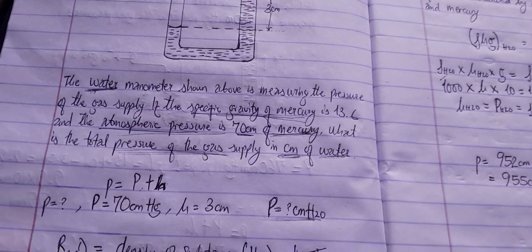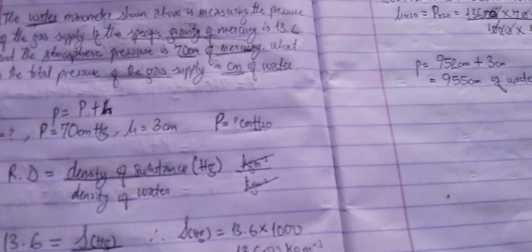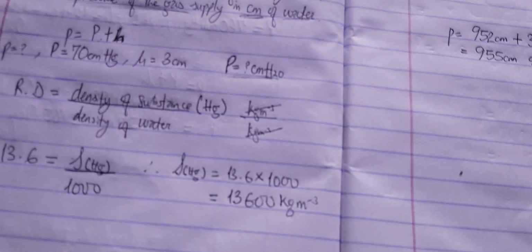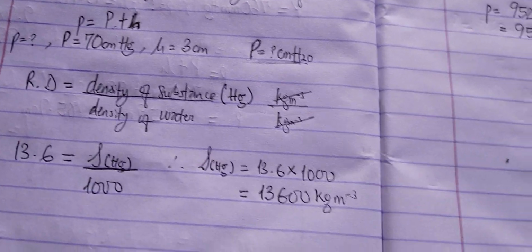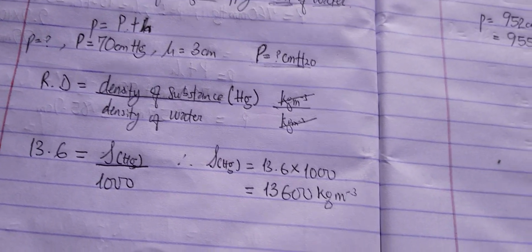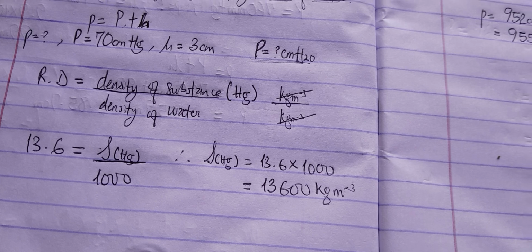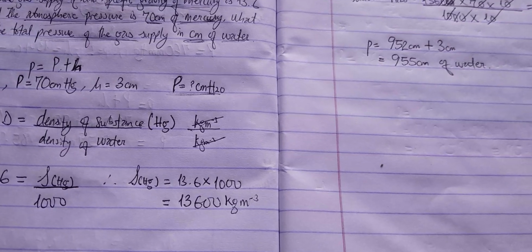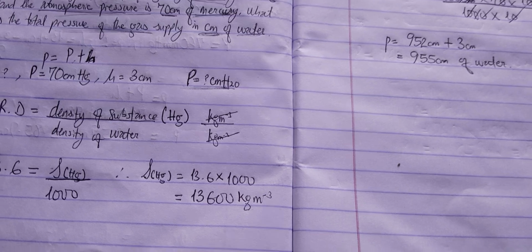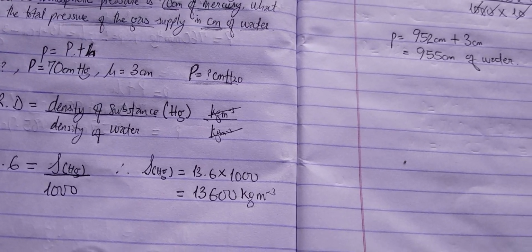You understand? And how to relate any other substance with water is to use specific gravity, which is the same as relative density, and that's what we've done. And then we did that to get the density of mercury, which we can use to get the atmospheric pressure of water when we relate the gas formula together.